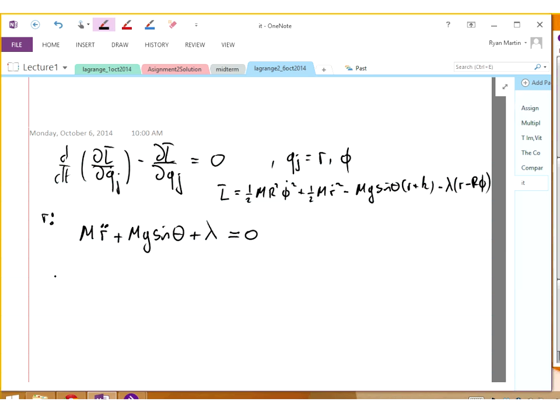And let me do the same thing for phi. So if I do it for phi, in terms of phi dot, I only have the first term, and so that's going to give me an m r squared phi double dot. Is that right? That's the wrong r, that's why. It's m big R squared phi double dot.